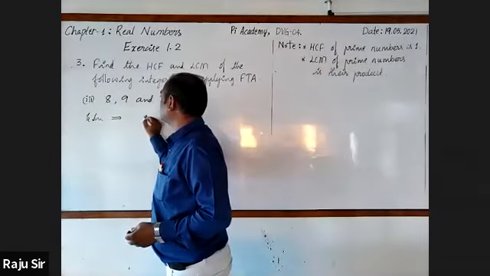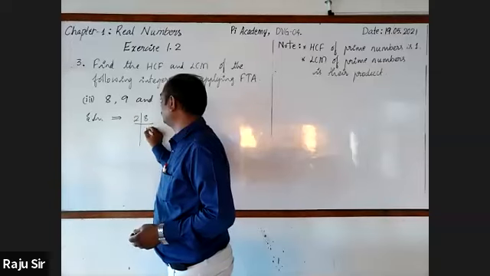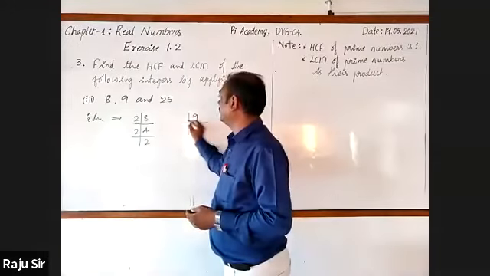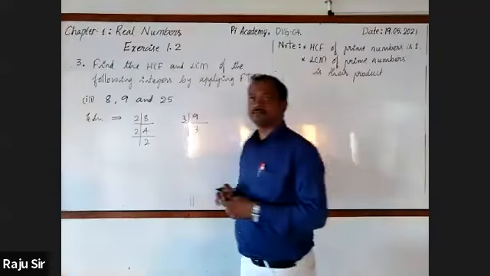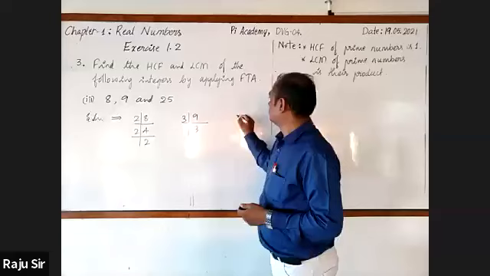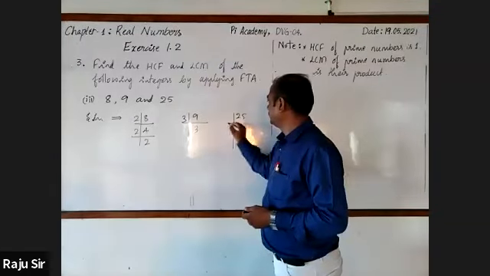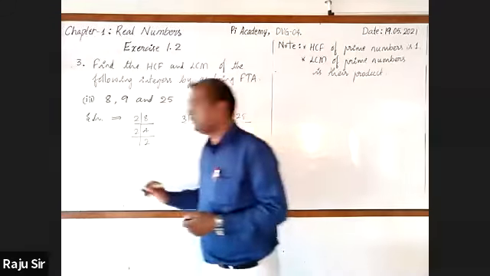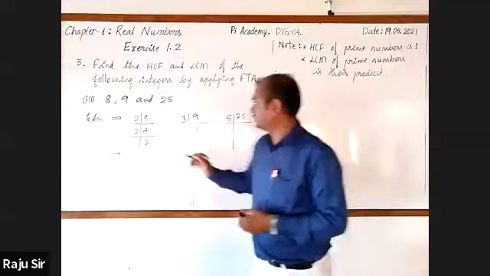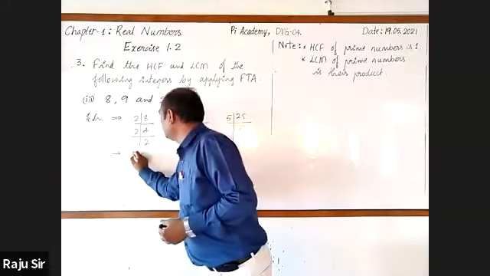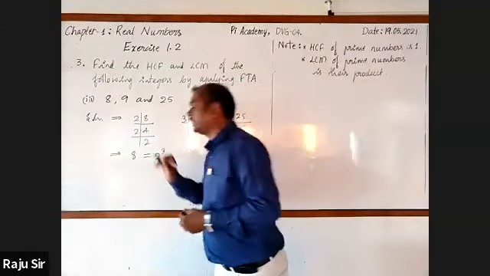Find the prime factorization of 8: 2 4s are 8, 2 2s are 4, so 8 is 2 cubed. Next, 9: 3 3s are 9, so 9 is 3 squared. Next, 25: 5 5s are 25, so 25 is 5 squared. Hope you have got the same. Next, write the prime factorization of each. 8 is equal to 2 raised to the power 3.